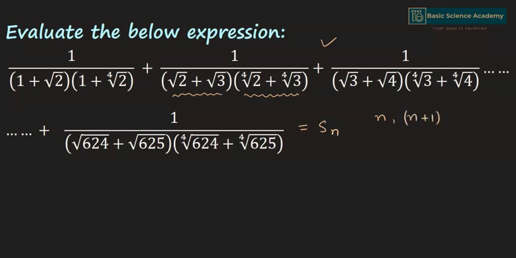Hence, here we have square root of n plus square root of n plus 1 multiplied by the fourth root of n plus the fourth root of n plus 1.